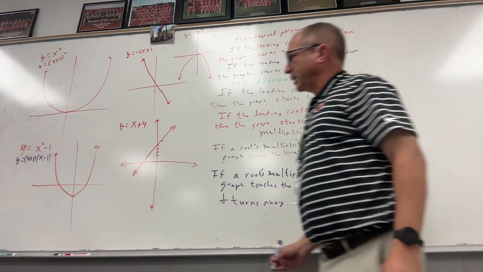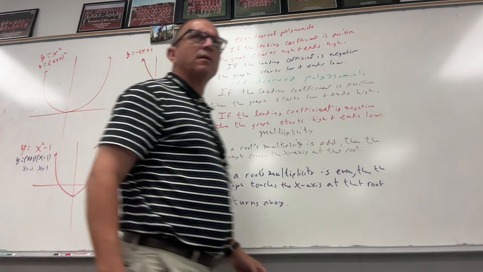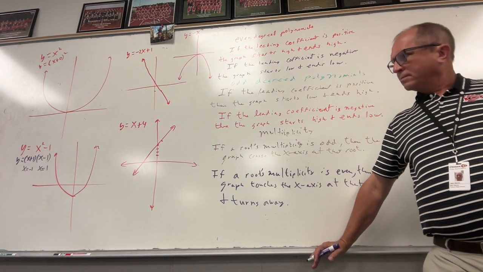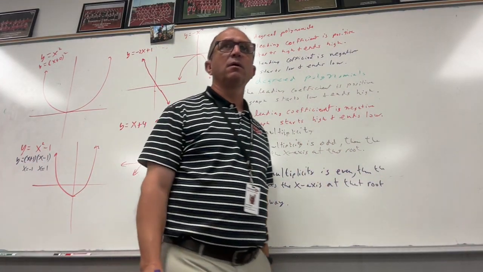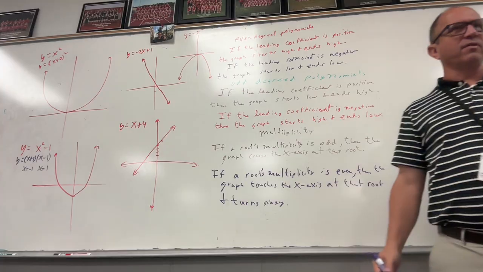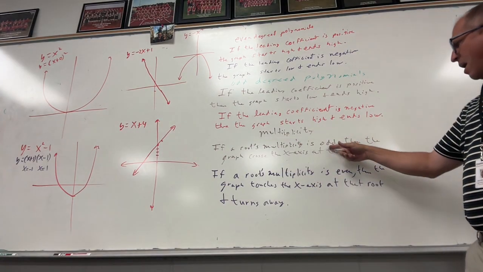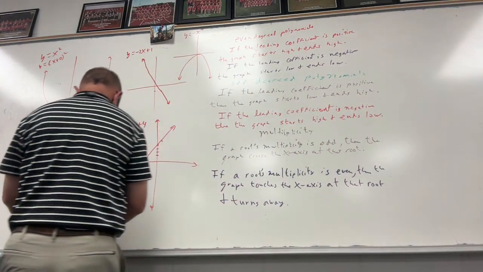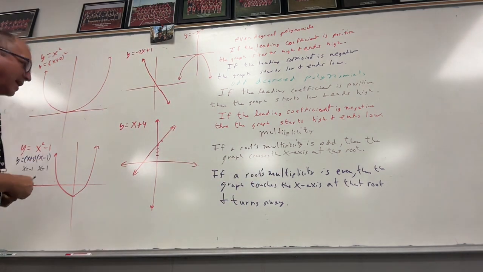So my roots here are x equals -1 and x equals +1. What exponent is associated with each one of those? 1, right? And 1 is odd or even? Odd. So if a root's multiplicity is odd, then the graph crosses the x-axis at that root.